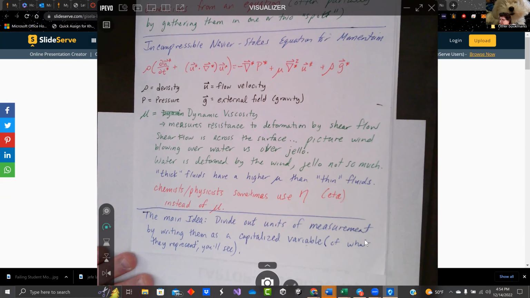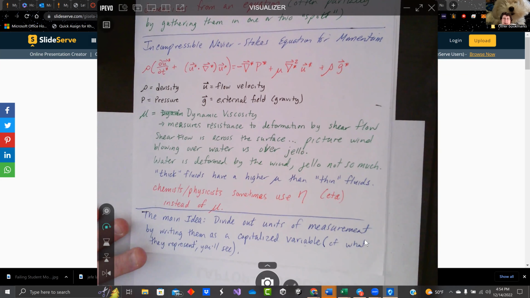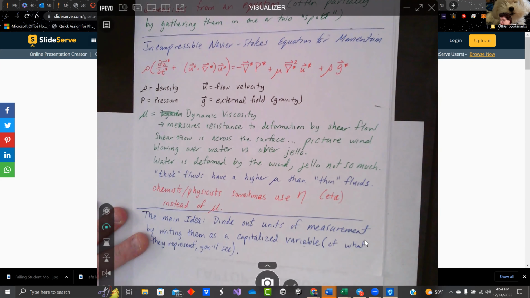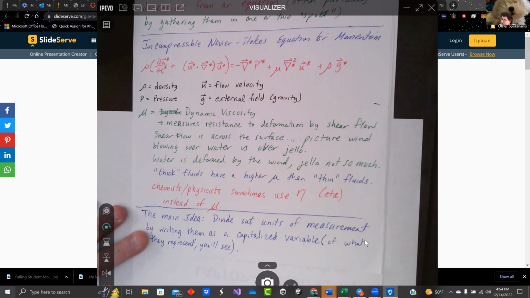So we give this variable, dynamic viscosity, to measure how much we resist that change. Jello has high resistance where water does not. Thick fluids like Jello, or cream, which is not anywhere near as thick as Jello but is thicker than water, have a higher mu.